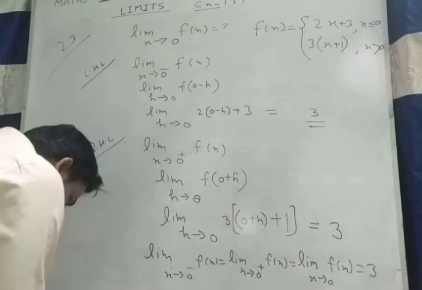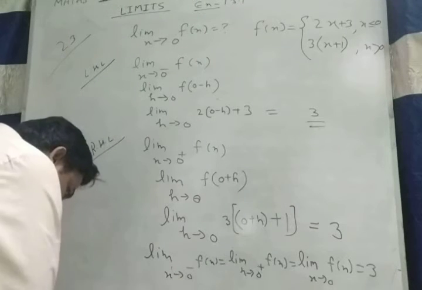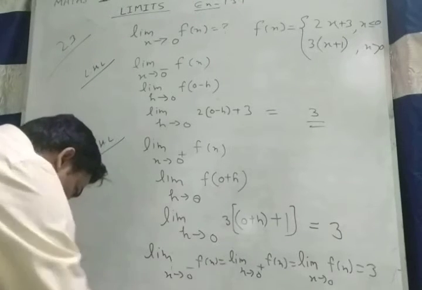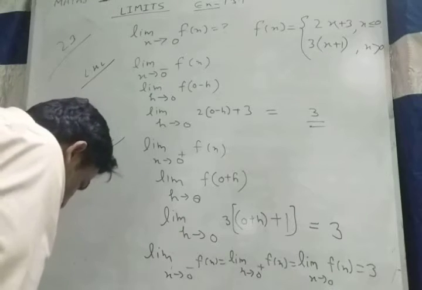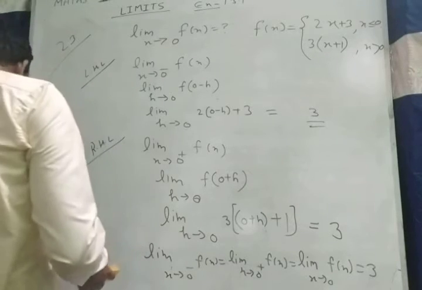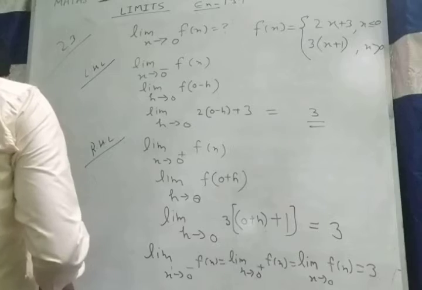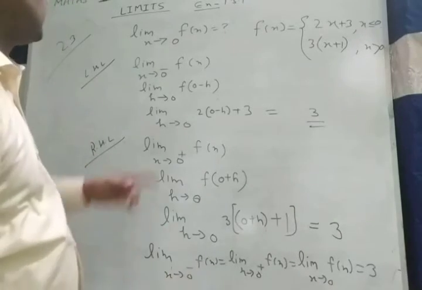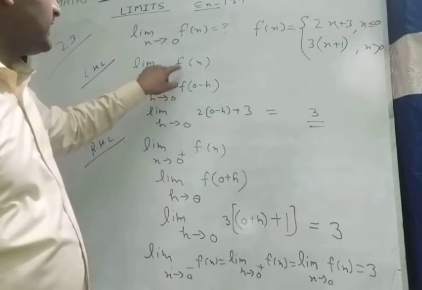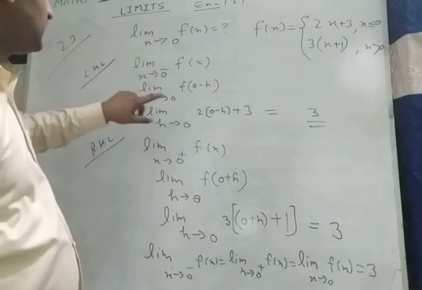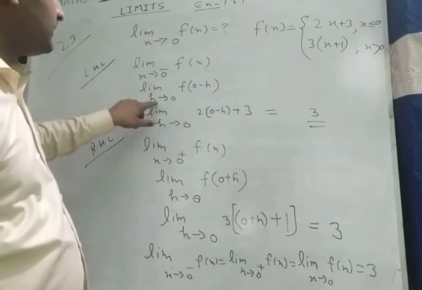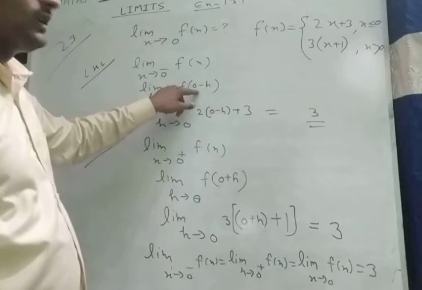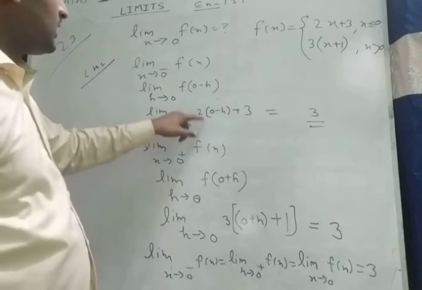Now we will see the next question. Look at what I have done. Limit x tend to 0 minus, left hand limit f(x). So we will replace this now. h tend to 0, so we write here 0 minus h. Now where is x?